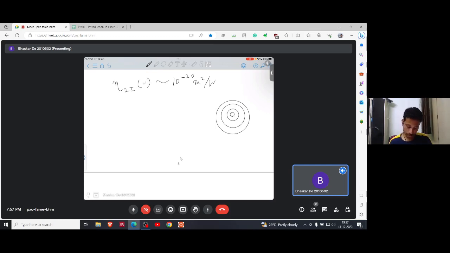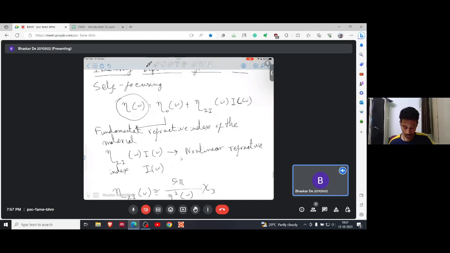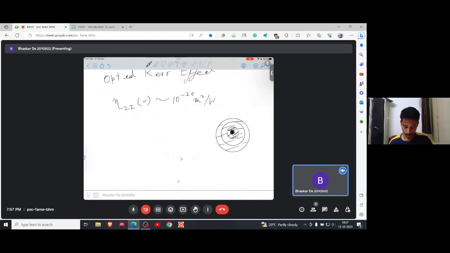So this is the laser profile, but here the intensity is very high, here the intensity is much lower, and then here it is far lower. So at the center you can see that this is proportional to I omega. So here the refractive index will be higher, and here the refractive index will be lower.